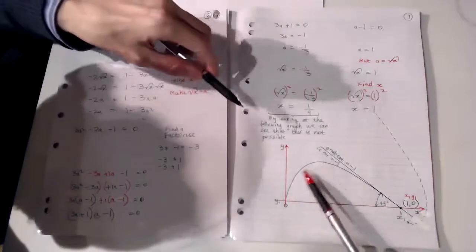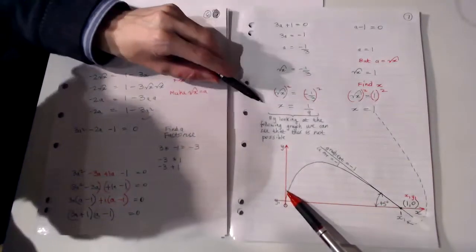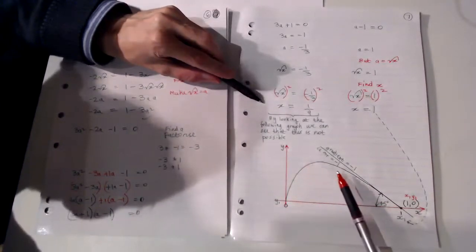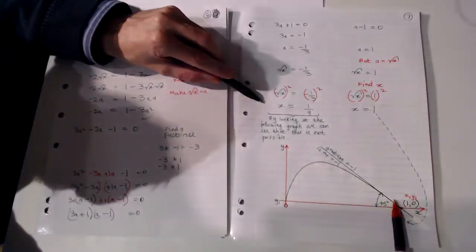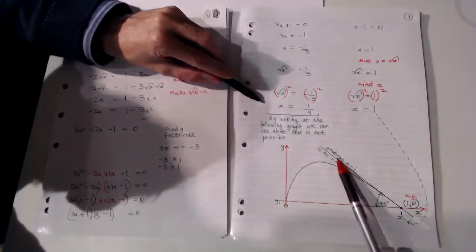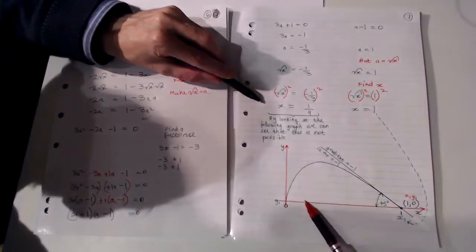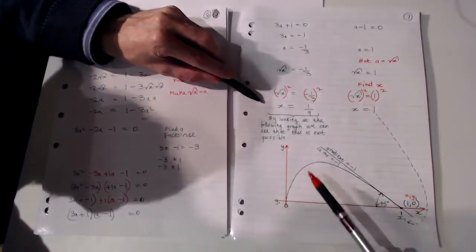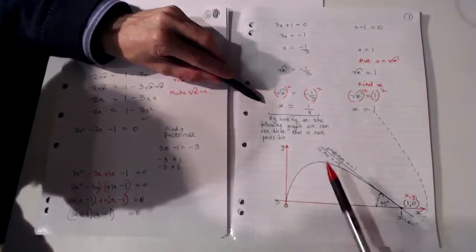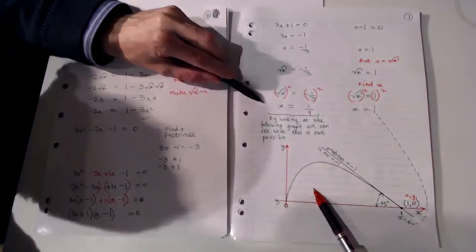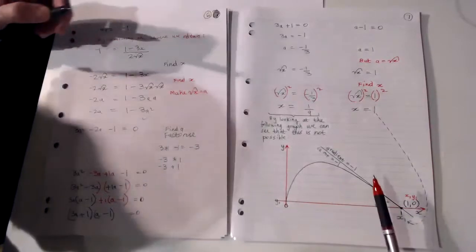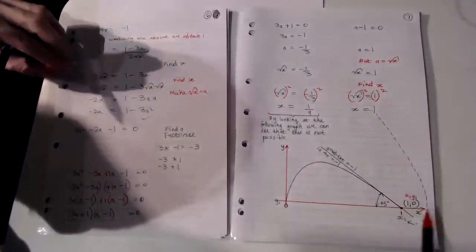But as you can see from the graph, it's not feasible to say that the intersection point between the green tangent line and the black curve over here will be at x equals 1/9. So therefore, x equals 1/9, by looking at the graph, you can see clearly is not possible. So therefore, it's just x equals 1.